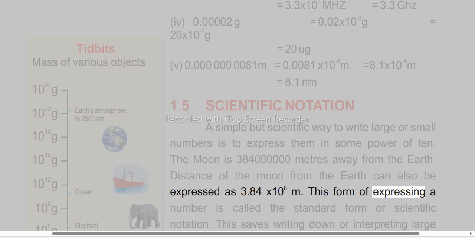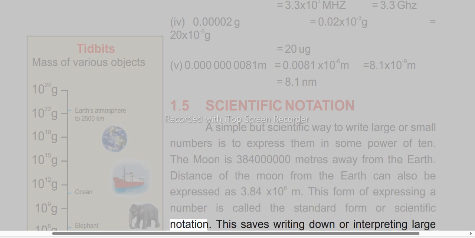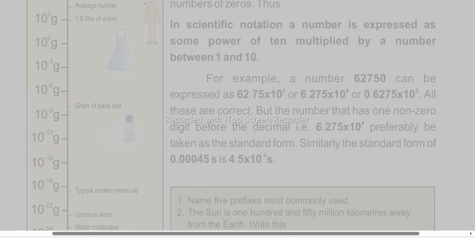This form of expressing a number is called the standard form or scientific notation. This saves writing down or interpreting large numbers of zeros.